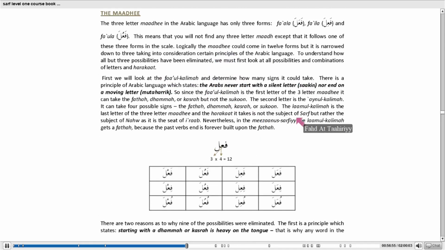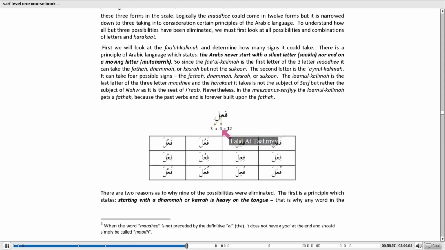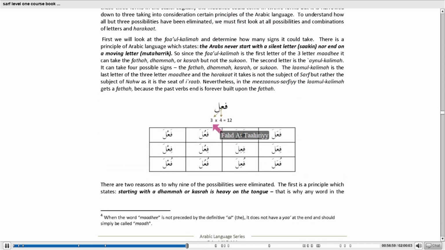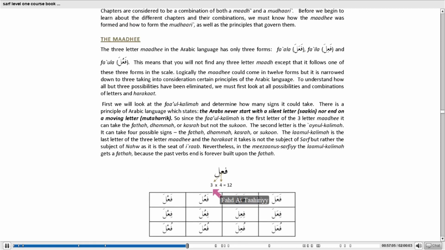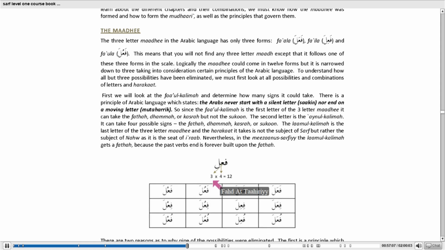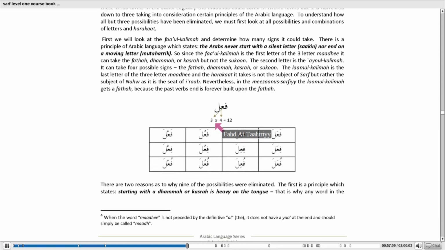Now down here is the logical justification. Why is it only three? If we rationalize it, by rationale it would end up being 12 forms, not 3, if we alternate all the possible harakat on each letter.